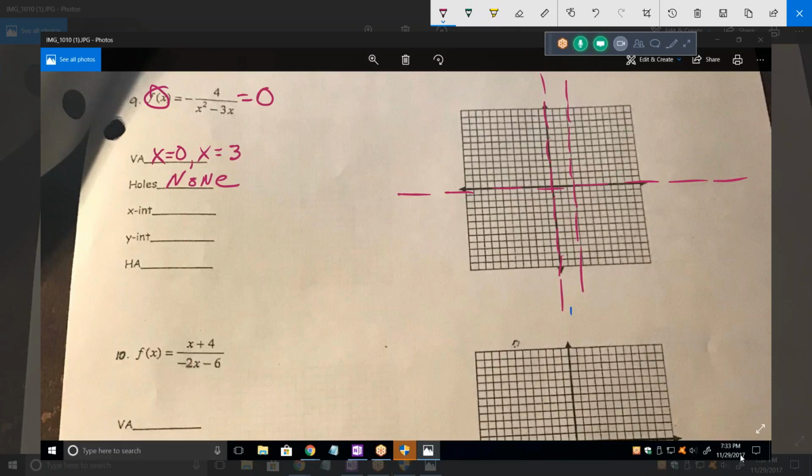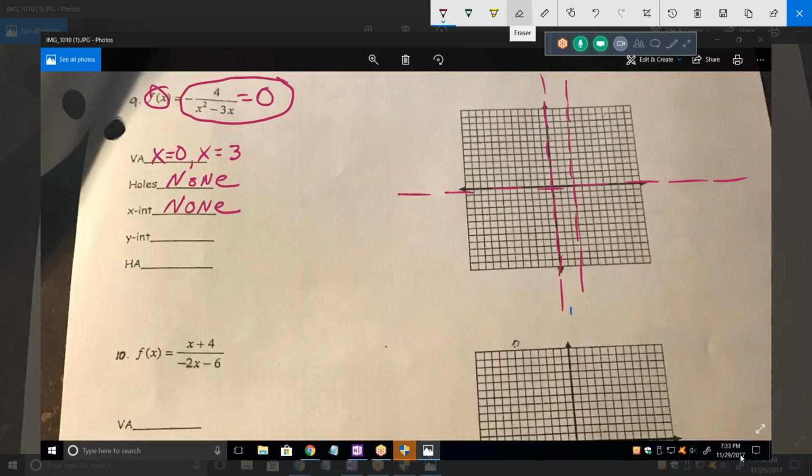The numerator. Well, the numerator is -4. So there are no X-intercepts. In other words, if you can't solve that equation, then there aren't any. And you can't solve that equation. That's impossible. There is no value of x that makes that thing equal to 0.